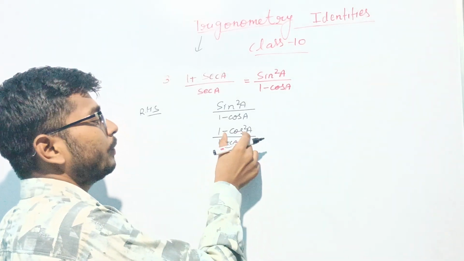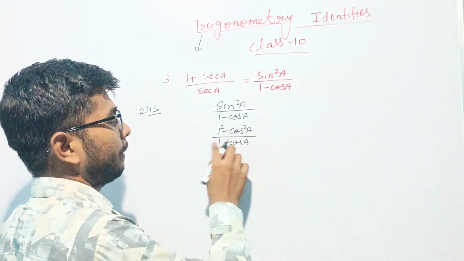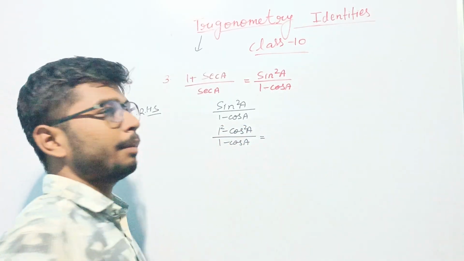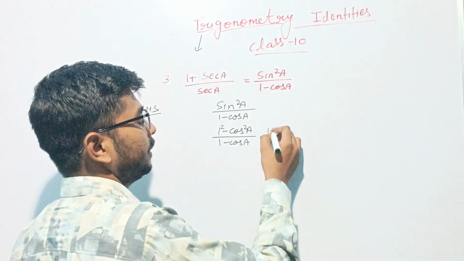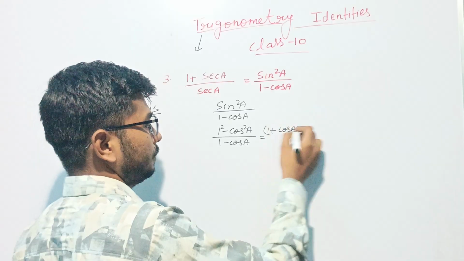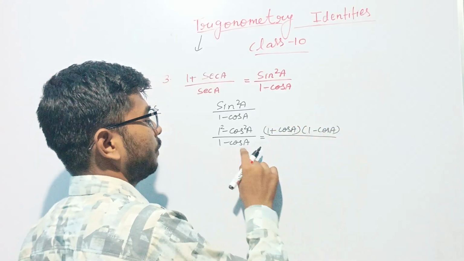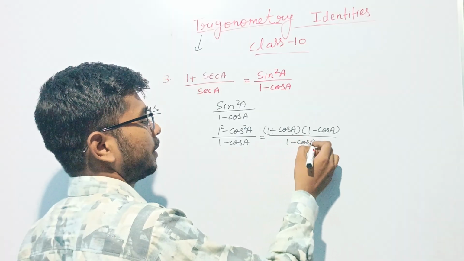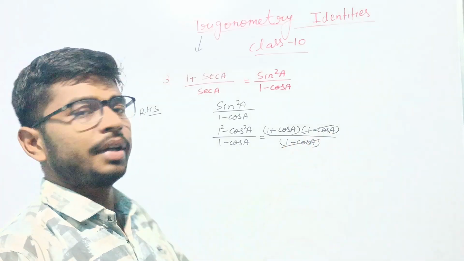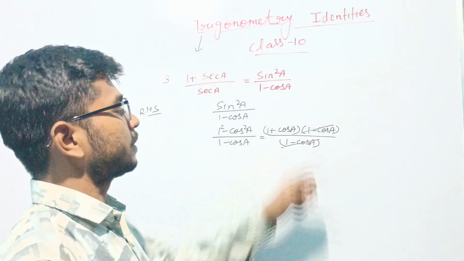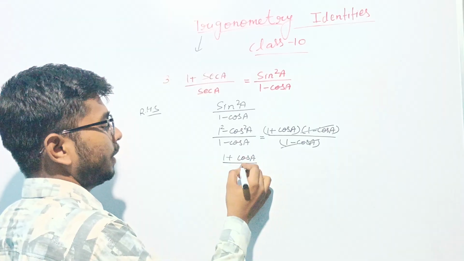Now see carefully, we can split this square term, a square minus b square, which means (a plus b) into (a minus b), upon 1 minus cos a. See, 1 minus cos a and 1 minus cos a we can cut, so we will get 1 plus cos a, and in the denominator we get only 1.